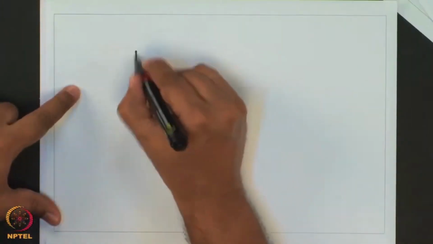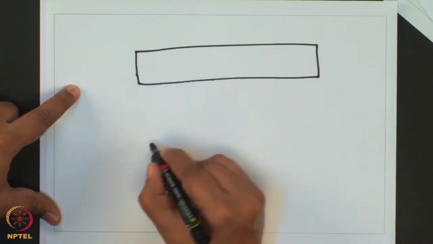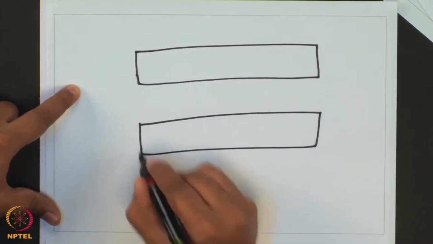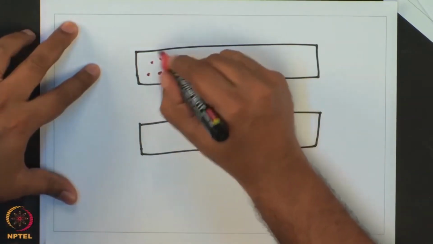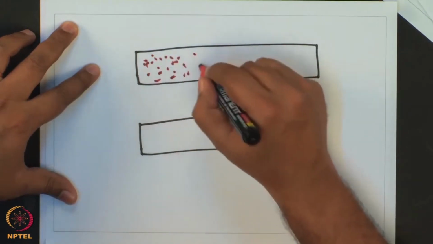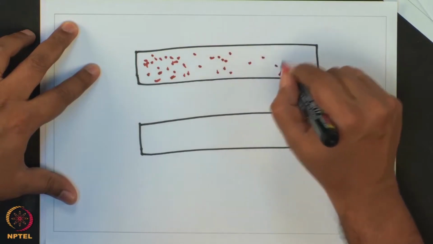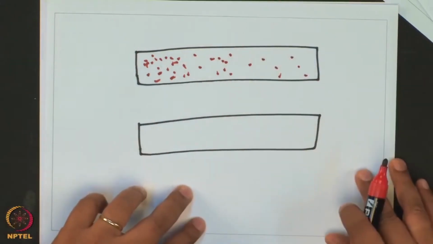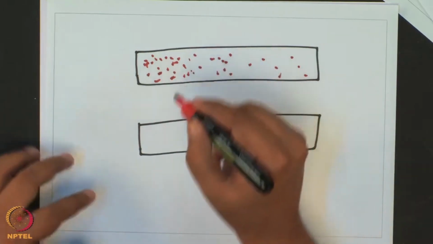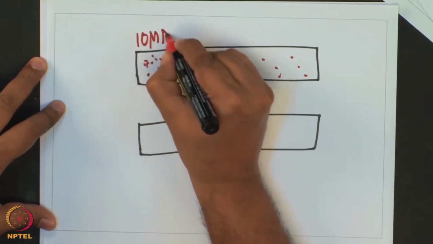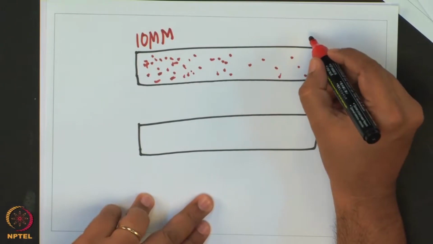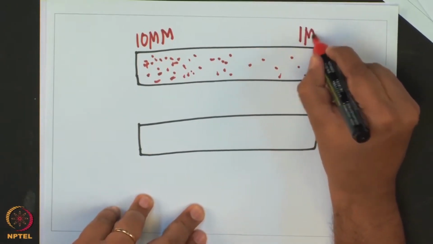So first thing is, let us draw two boxes. If you have high concentration here, so here it is 10 micromolar, 10 micromolar here, and 1 micromolar here.